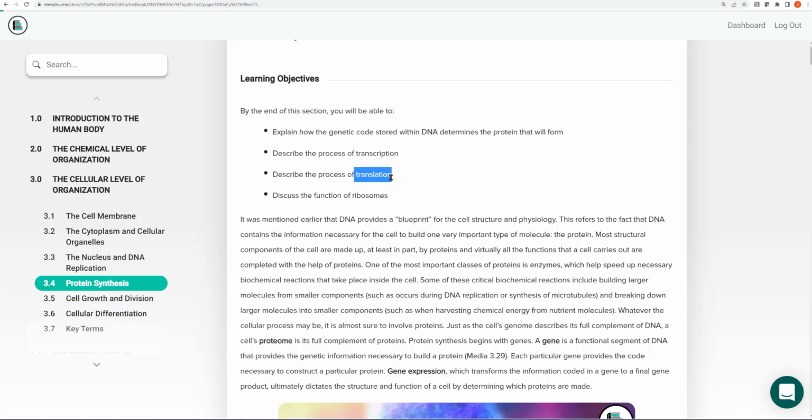What is happening? Why do we care? And I think by the time we finish our time here now, you will better understand why this is an important part of understanding anatomy and physiology. Why is it that we need to understand these processes? Because when problems occur in protein synthesis, oftentimes there's a disease state, there's some problem in the body. So we need to understand how these processes work.